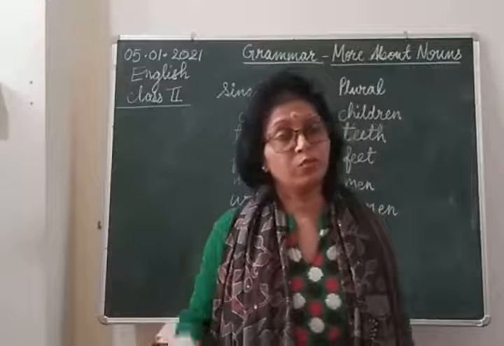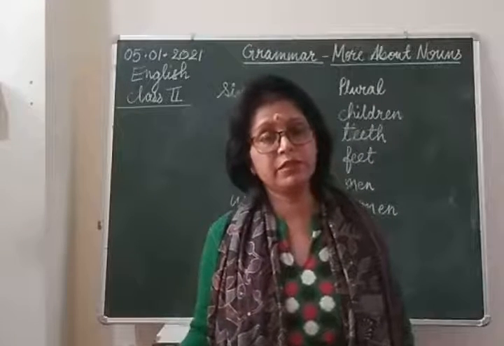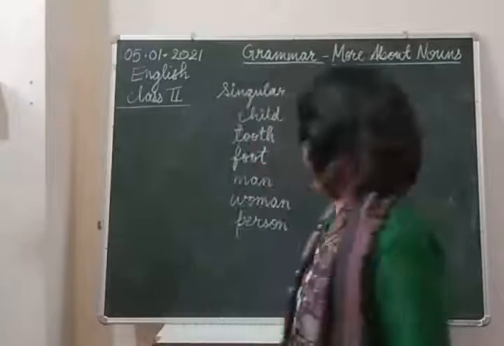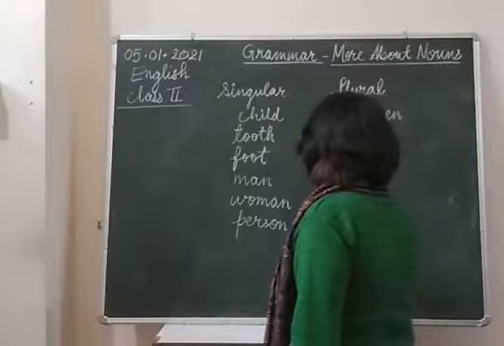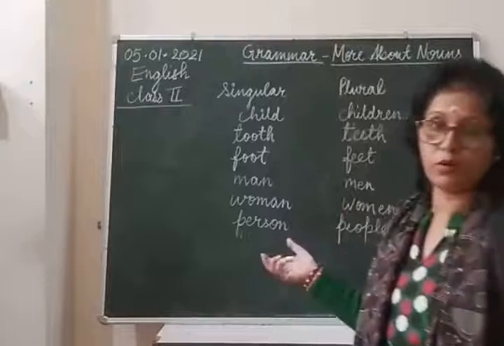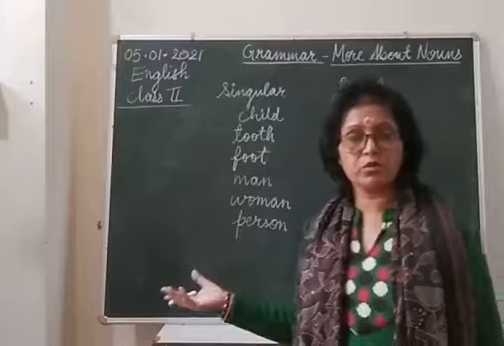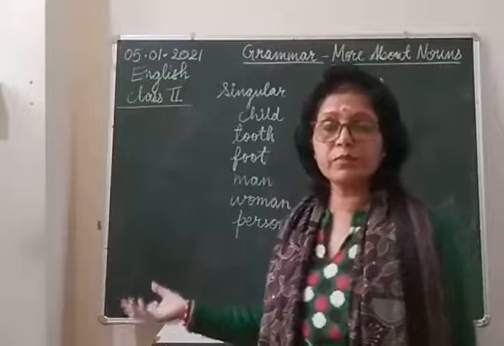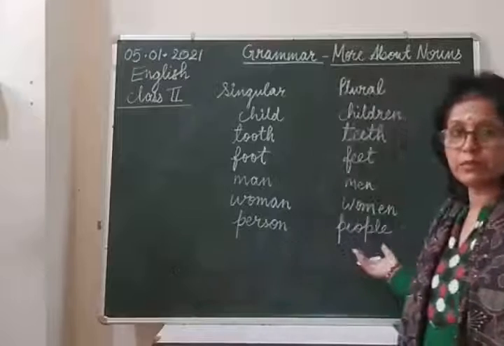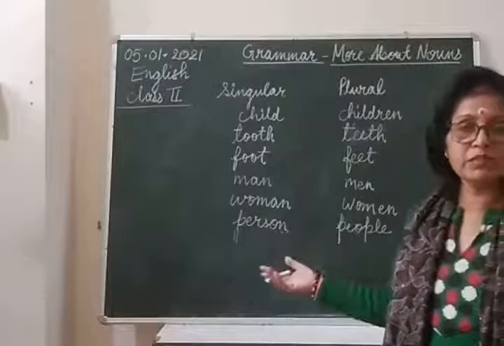But when there are more than one person, then we will not say persons, we say people. P-E-O-P-L-E, people. People is a plural word. People's is a wrong word. People's word गलत है. A person and people. If there are more than one person, we will say people.